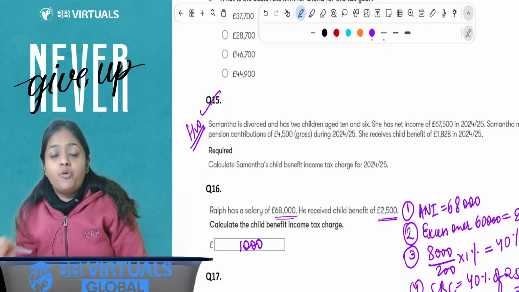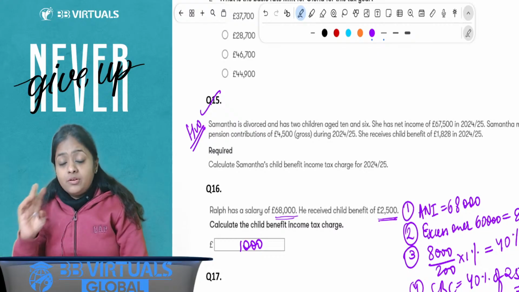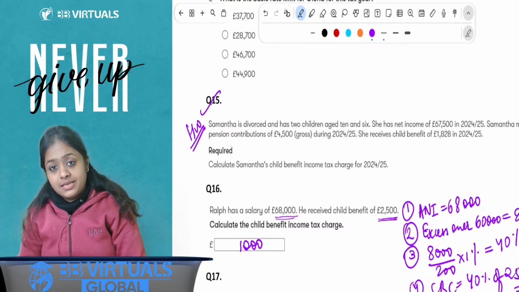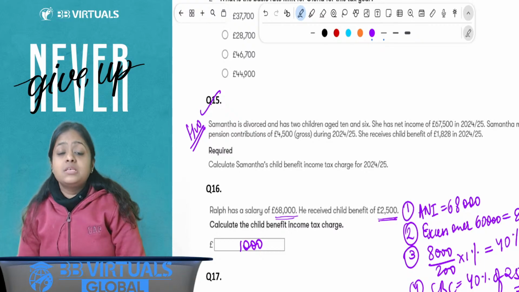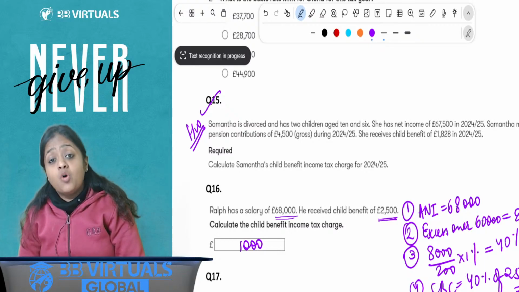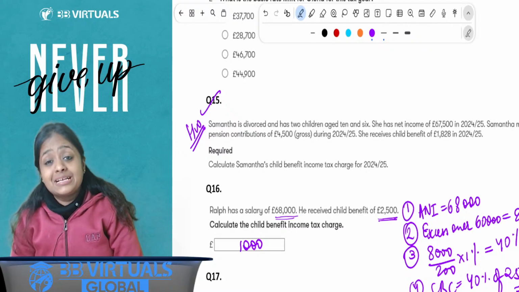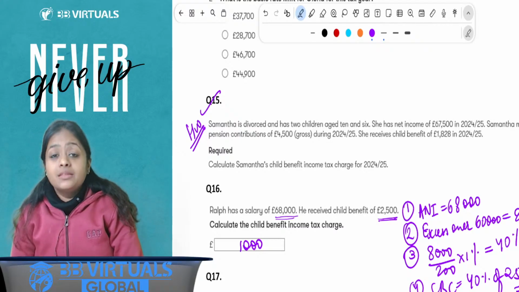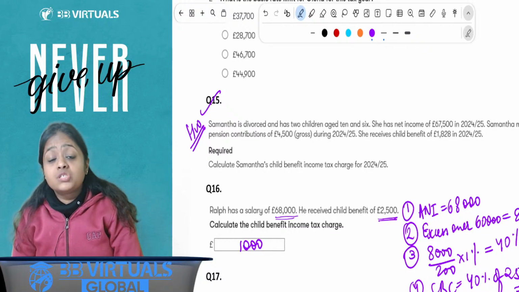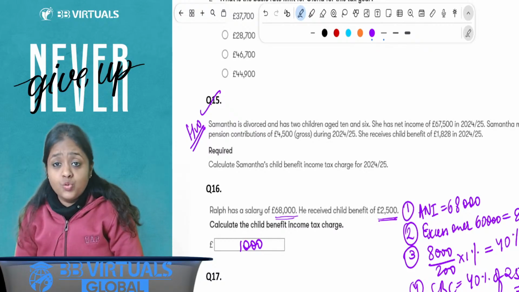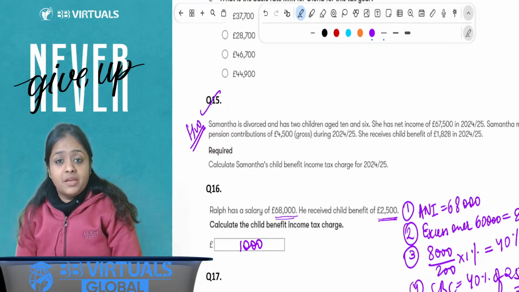Just one pointer I have to explain. There is one condition that says if both the parents have income going beyond 60,000, mother and father both have ANI in excess of 60,000, then the parent that has the highest ANI of the two will be subject to the child benefit charge.